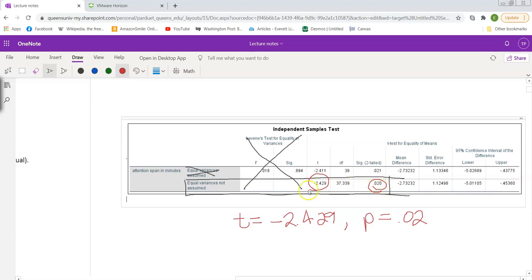Okay, so those are the only two values you really need from all of this. The thing people get wrong is they'll try to use this because they'll see this as the first one that's listed. Okay, so don't use this. This is just a test to see if the variances are equal.